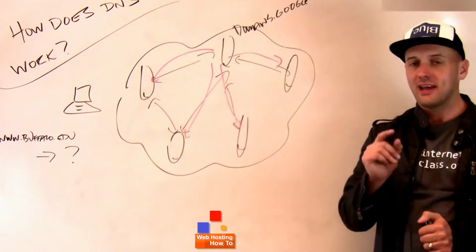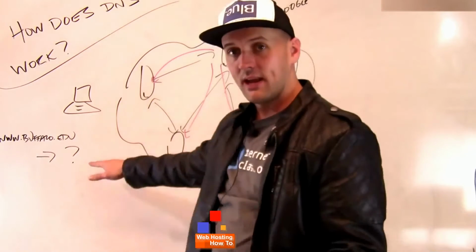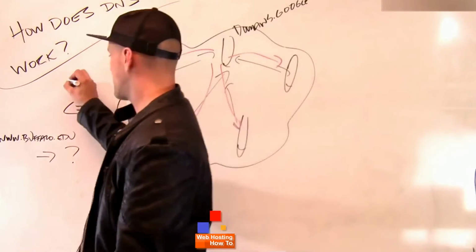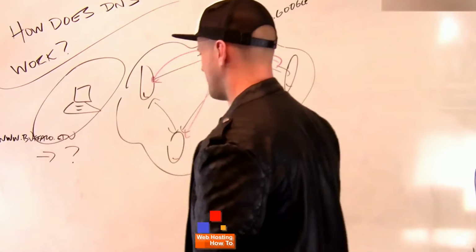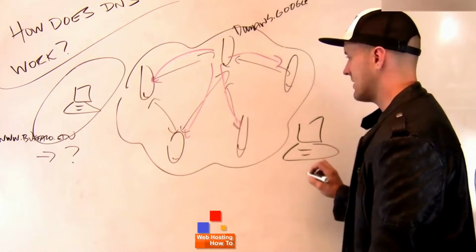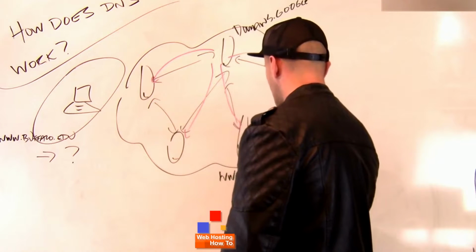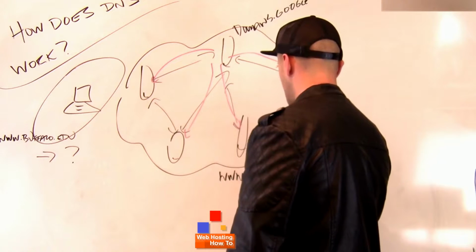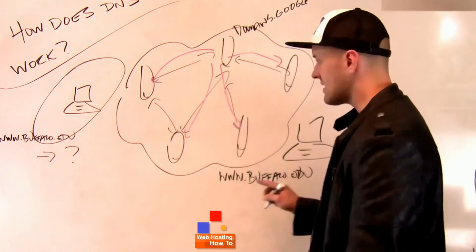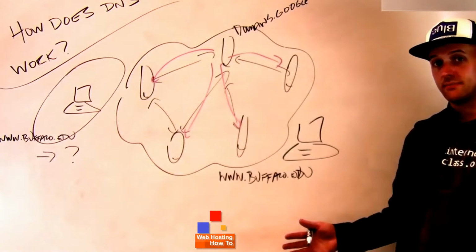Different computers in different parts of the world can ask the same question. They could ask to translate a particular domain name. So let's say this computer is over here in Japan, and this computer is over here in the US. And let's say they both are asking the domain name system the question, what is the IP address corresponding to the name www.buffalo.edu?